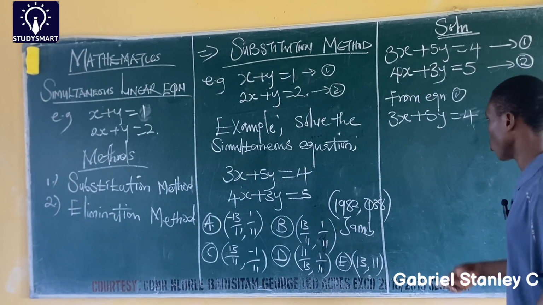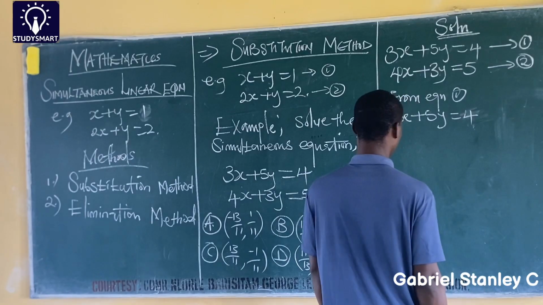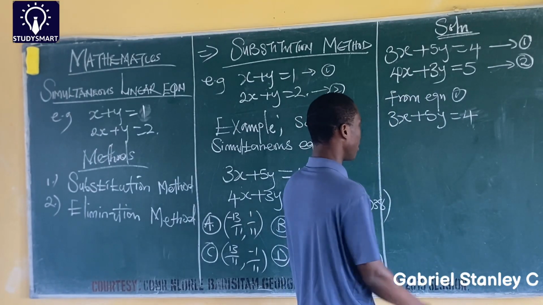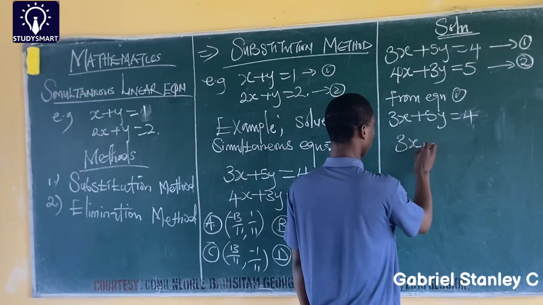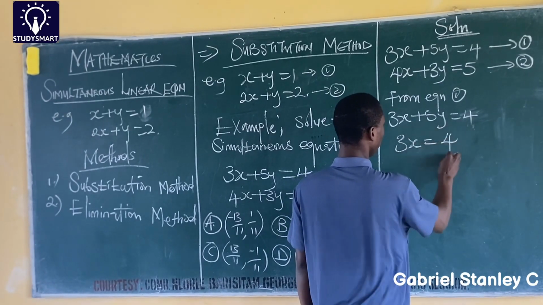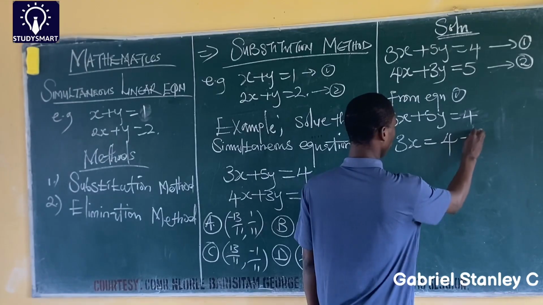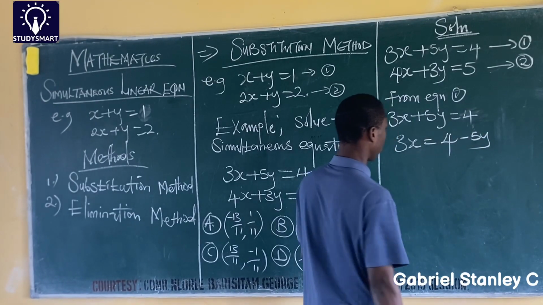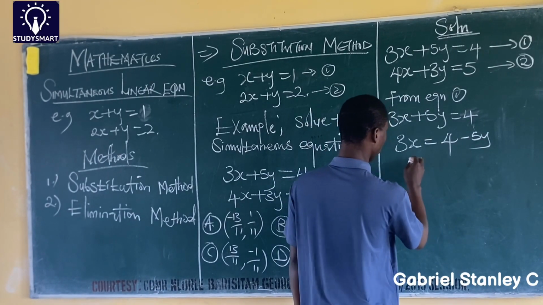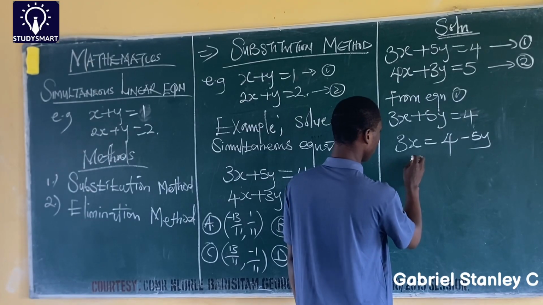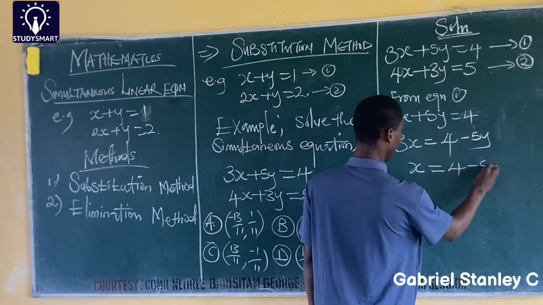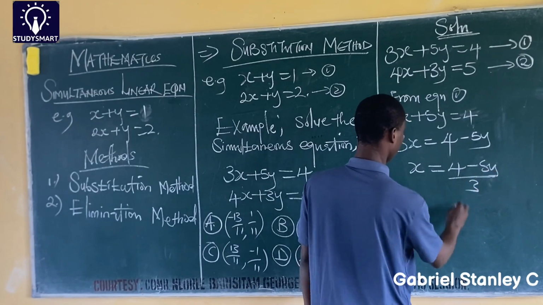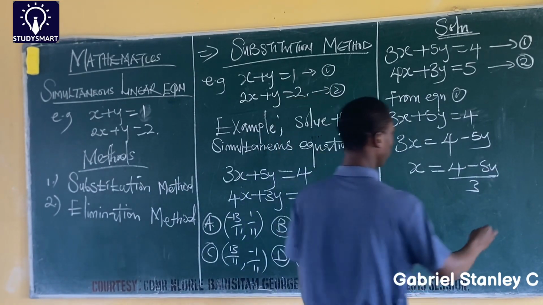I want to make x the subject of the formula. 3x is equal to 4, and if 5y crosses, it changes to minus 5y. So x is equal to 4 minus 5y over 3. We can call this equation 3.